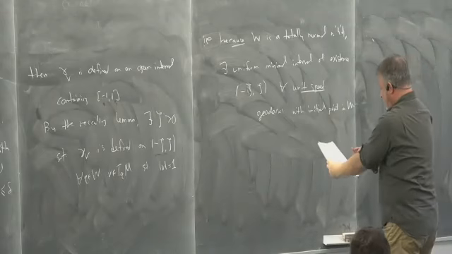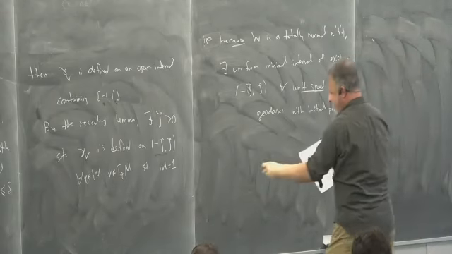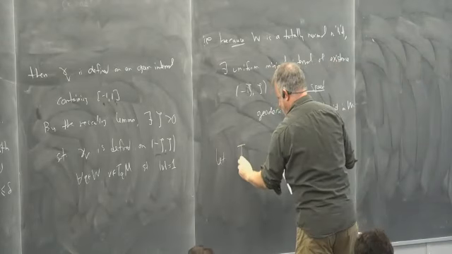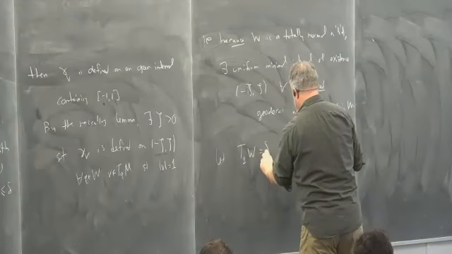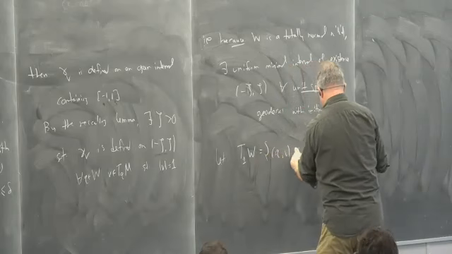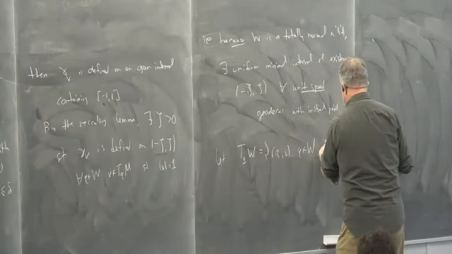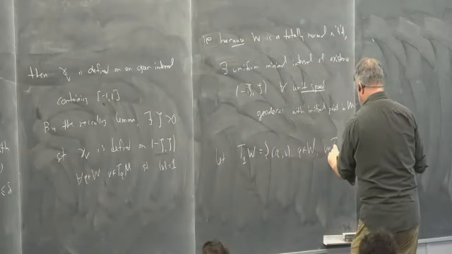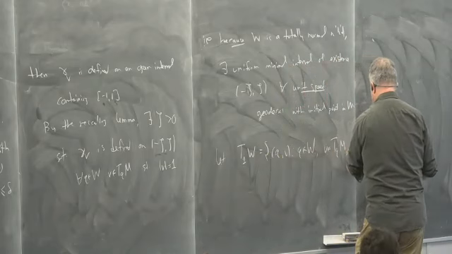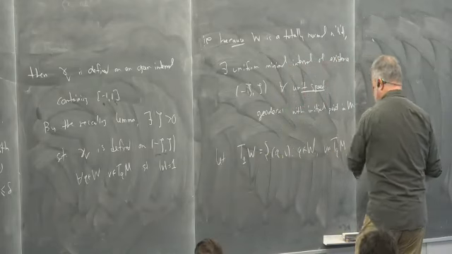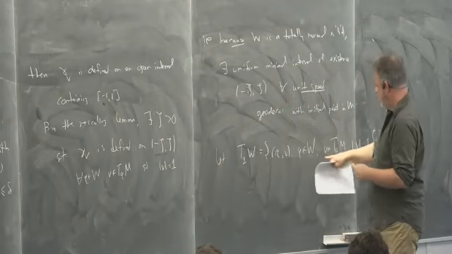Now, let's let T1W be all of those pairs (Q, V), where Q is in W, V is in TQM, and V has length 1. Right? It's the unit sphere.